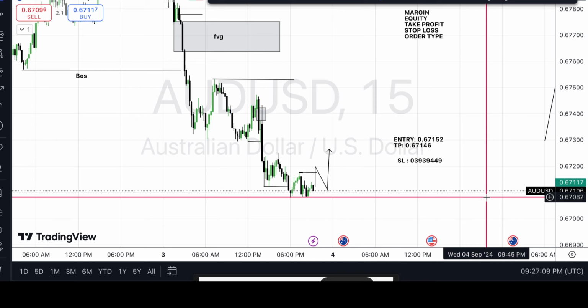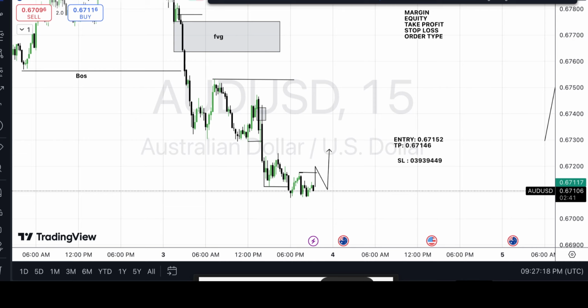It is used to enter the market when it is moving in a specific direction. So we have buy stop and we have sell stop. Let me explain the meaning of buy stop.